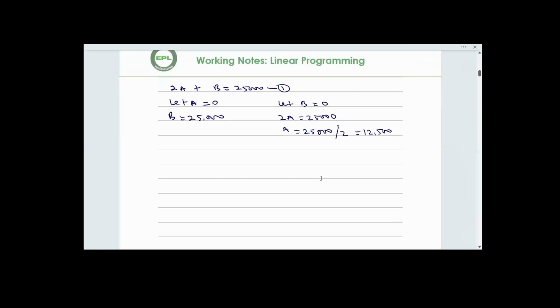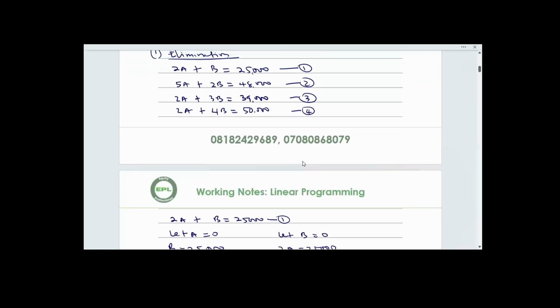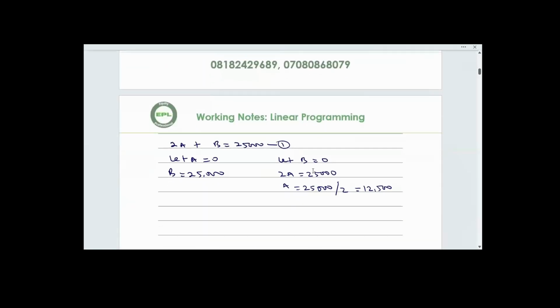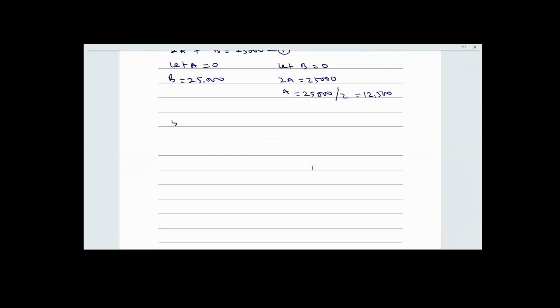In equation 2, we have 5A plus 2B equal to 48,000. In this equation, let A equal to 0, then 2B will be equal to 48,000. Therefore, B equal to 48,000 divided by 2, which is 24,000.